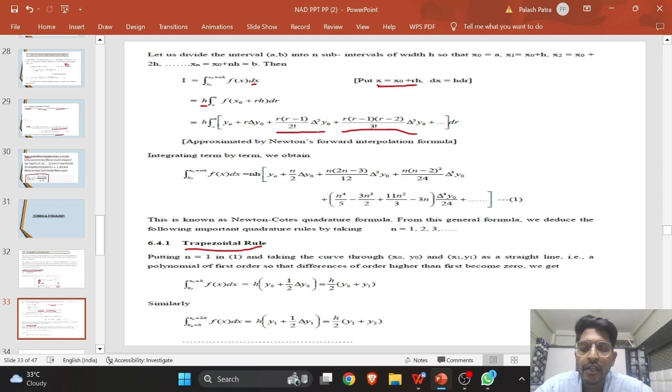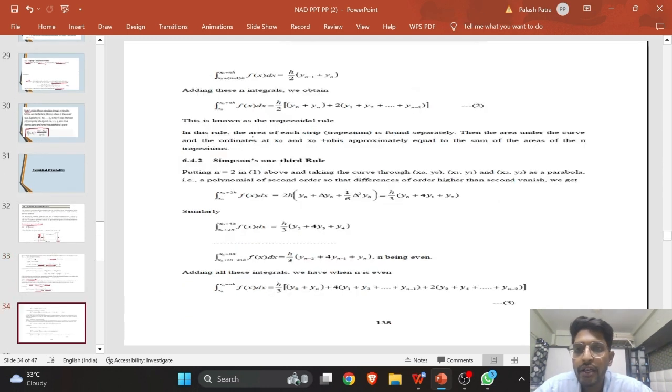On calculating, we get h/2 (y0 + y1). As you can see, the integral of f(x) dx turns to h times [y0 + 1/2 delta y0], so it becomes h/2 (y0 + y1). Similarly, the next term is h times [y1 + half of delta y1], which we can write as h/2 (y1 + y2).